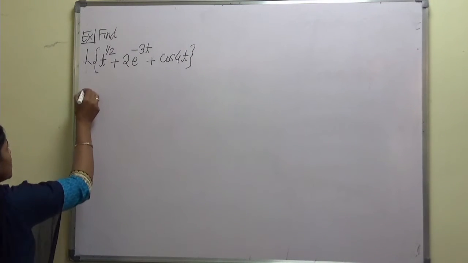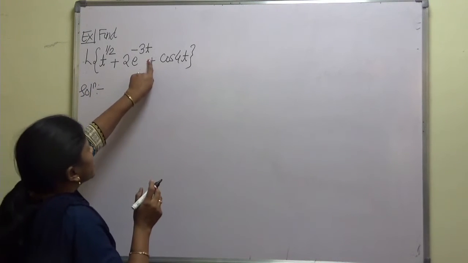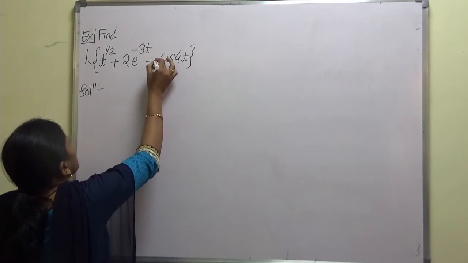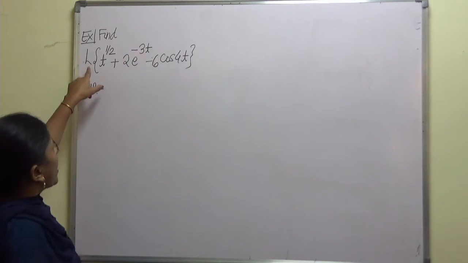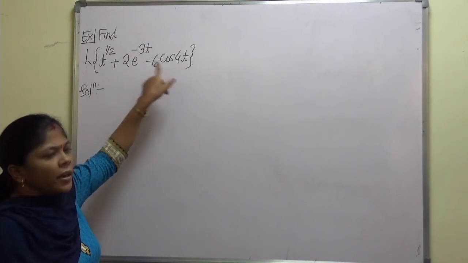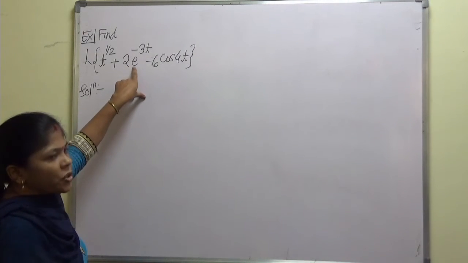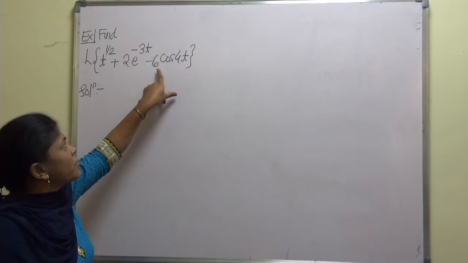Okay, so what we are having over here? Well, let us write it minus 6 times cos of 4t. Okay, right? So what we are having here? Laplace of number of terms are in addition and subtraction, right? And scalar multiplication. This function of t is multiplied with 2. Here also function of t is multiplied with 6.